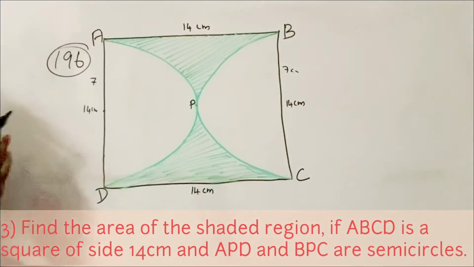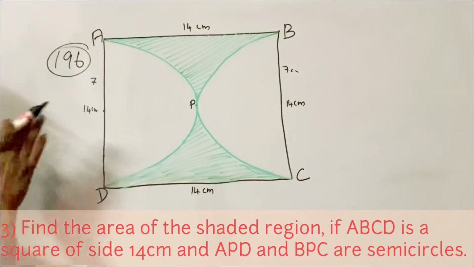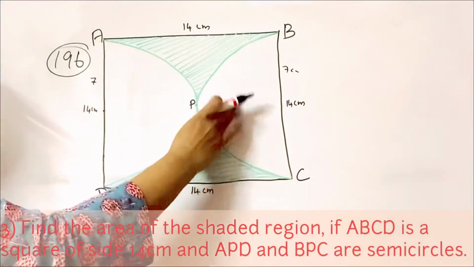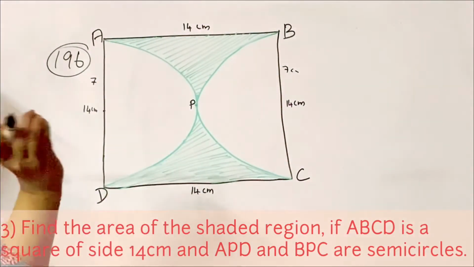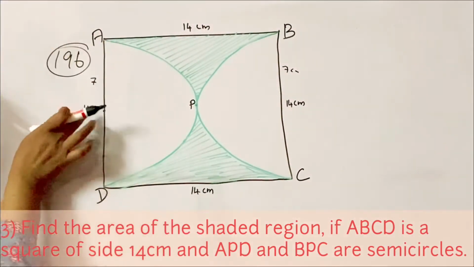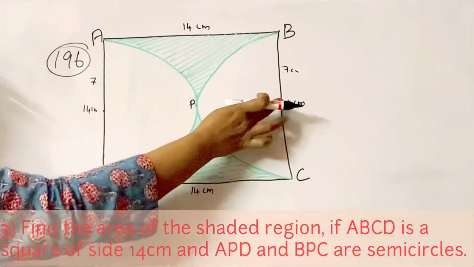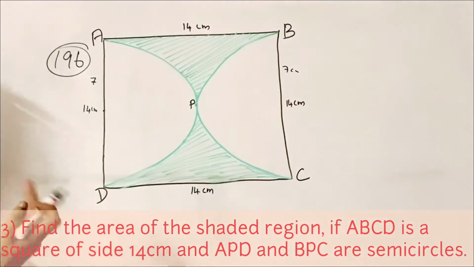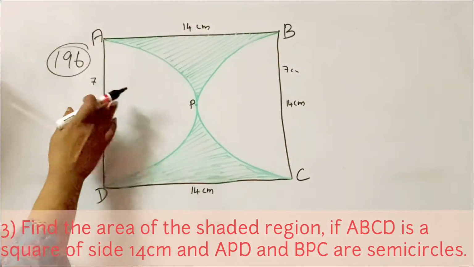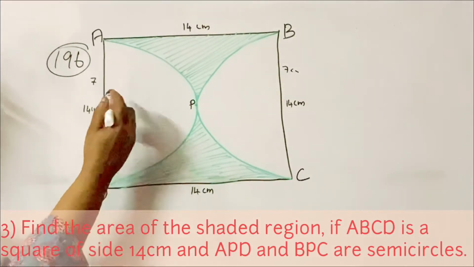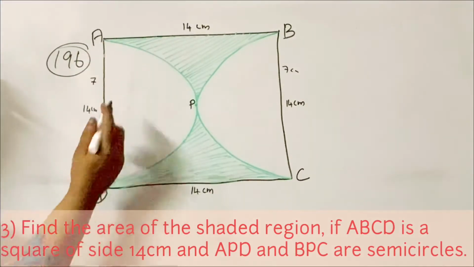Then what is the area of this semicircle and this semicircle? APD and semicircle BPC have the same area because they have the same radius. That means the measure of the radius is the same. Here 7 centimeter, there also the radius is 7 centimeter. So the area will be the same. Let's find out the area of the semicircle APD.